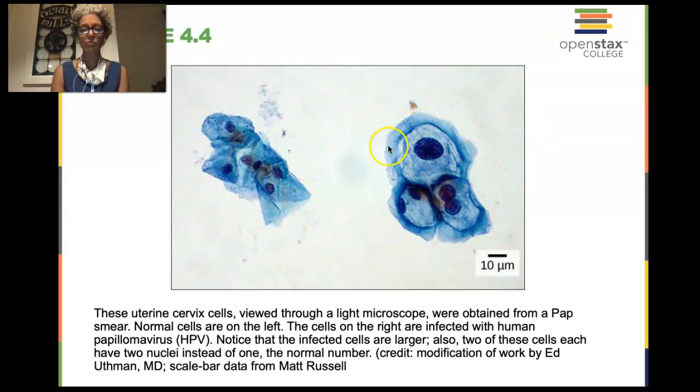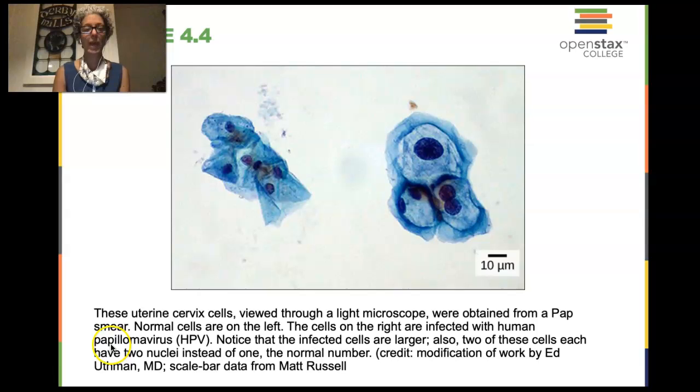This cell here is just really big. The nucleus is enlarged. These two cells each have 2 nuclei, and they are not actually in the process of dividing. A cell that is dividing and had 2 nuclei in it would look very different from this. So the Pap smear is looking for cells that are infected with human papillomavirus, HPV.